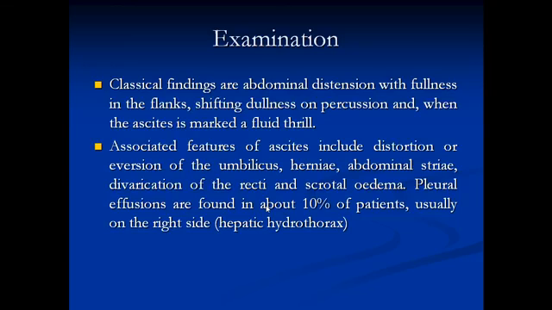So you have to say that classical findings are abdominal distension with fullness in the flanks, shifting dullness on percussion, and when the ascites is marked, a fluid thrill. We will find a fluid thrill in case of marked ascites. So flank fullness, shifting dullness, and fluid thrill. All of the three things have to be examined.